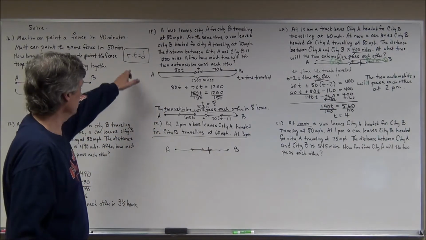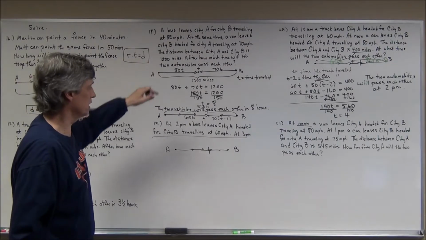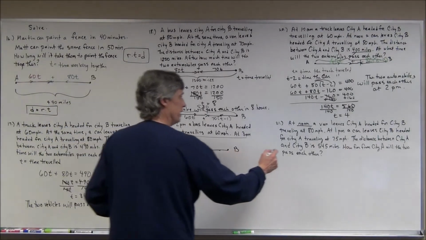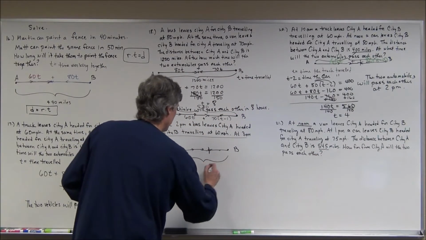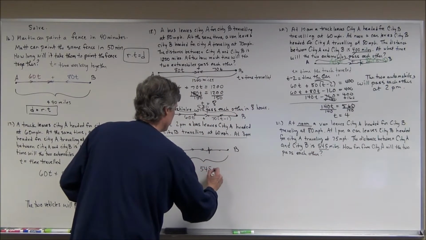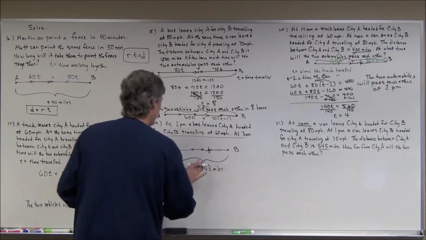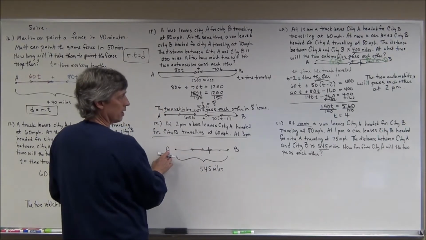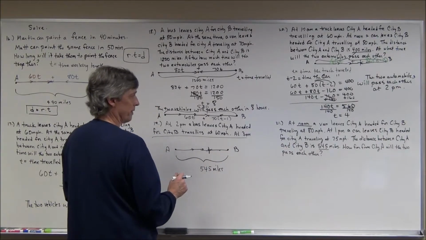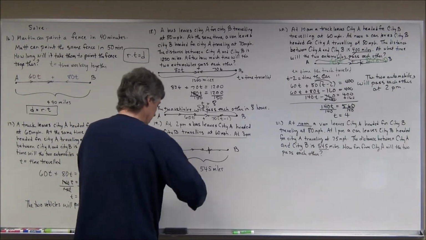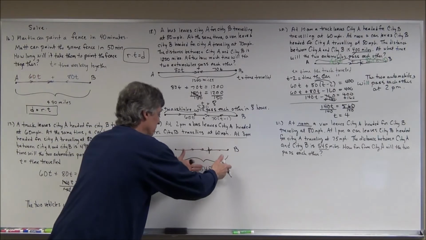All right, so distance equals rate times time. Rate times time is distance. Speaking of distance, the distance between the cities is 545 miles. So the distance that the van and the distance that the car travel better add up to 545 when they pass one another, because that's when they've completed the distance between.